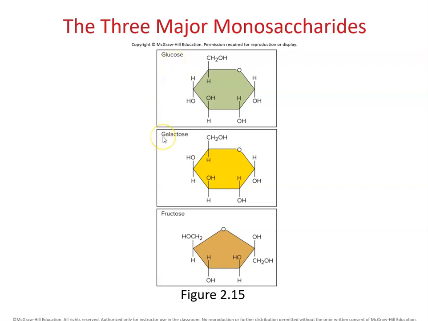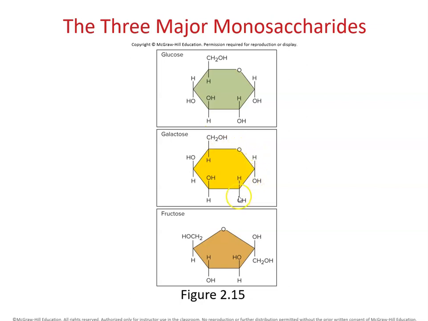Here we have galactose, and it's the same way. It has 1, 2, 3, 4, 5, 6. So both glucose and galactose are 6-sided rings. 1 side, 2 sides, 3 sides, 4 sides, 5 sides, 6 sides. Pretty obvious, right? So what's the difference between the glucose and the galactose? Well, we have the same functional group up here at the top. Same oxygen at this corner.